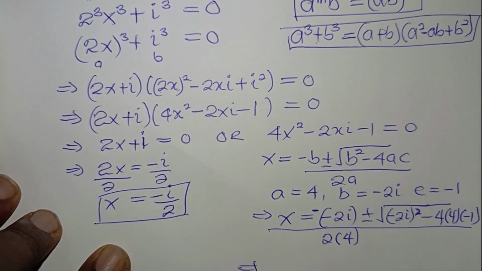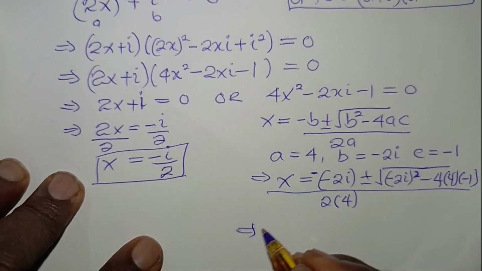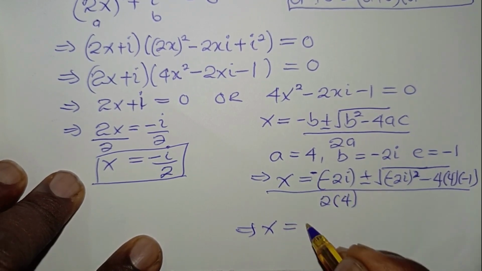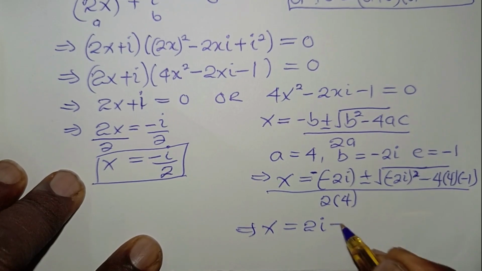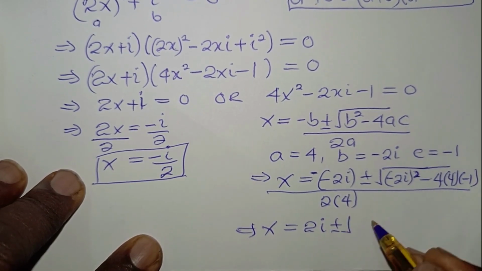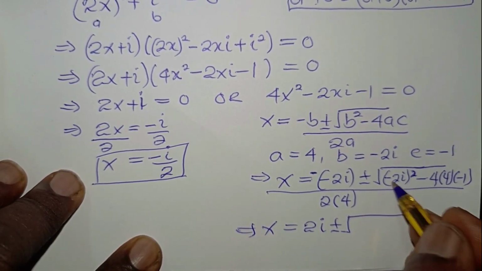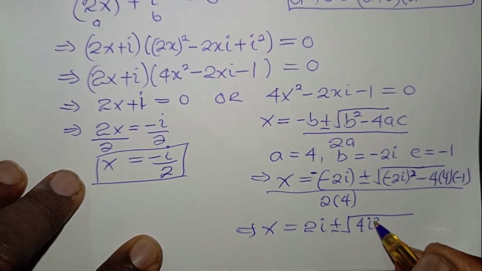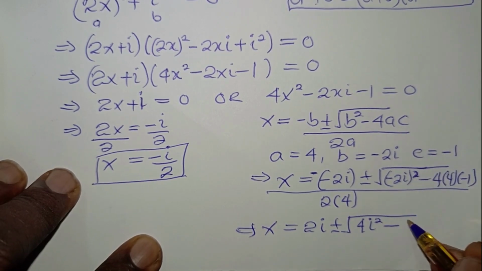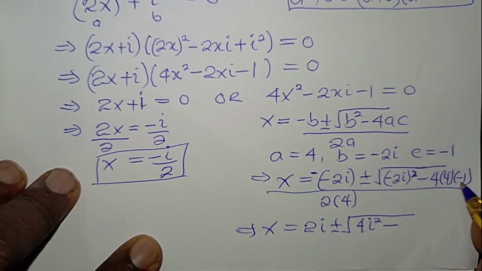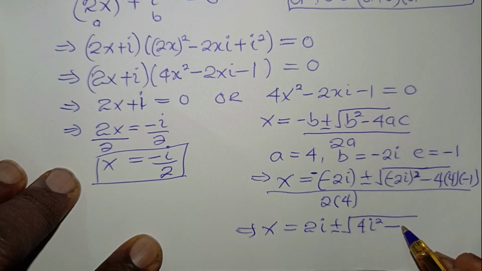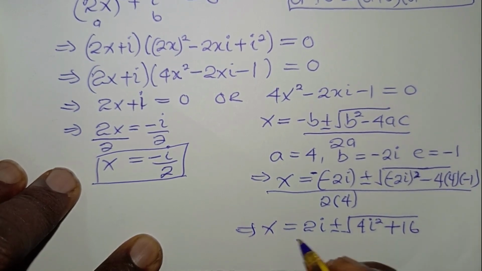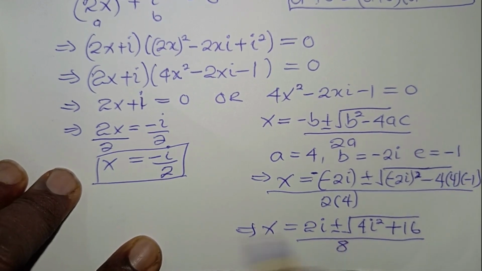So this implies x is equal to, minus minus is plus, so 2i plus or minus square root of minus 2i squared, which will give us 4i squared, minus 4 times 4 times minus 1, and minus 1 will give us plus 16, all over 8.